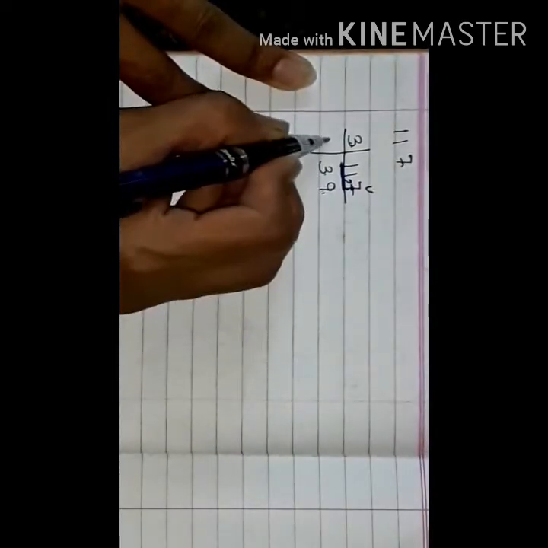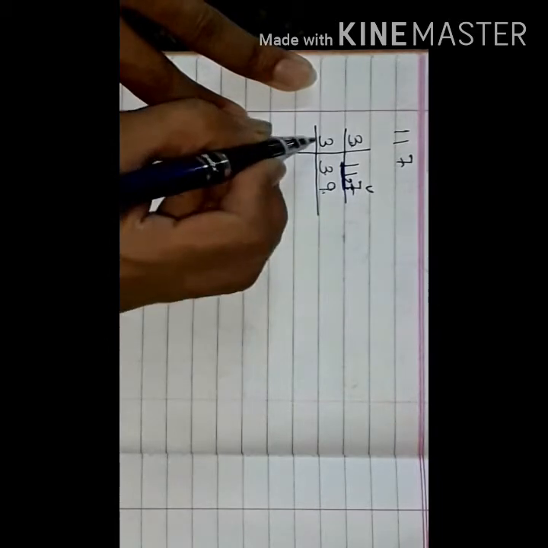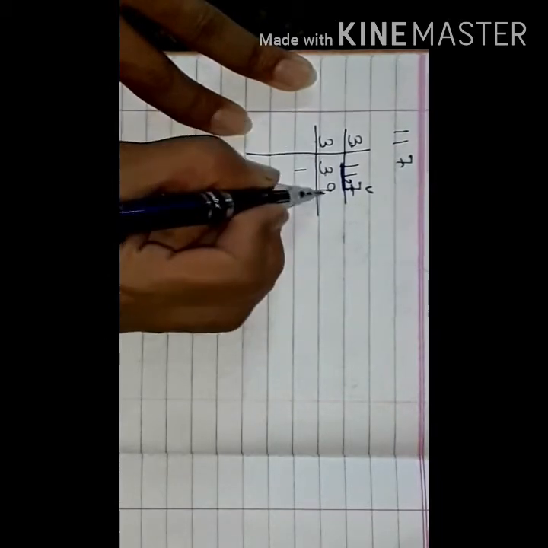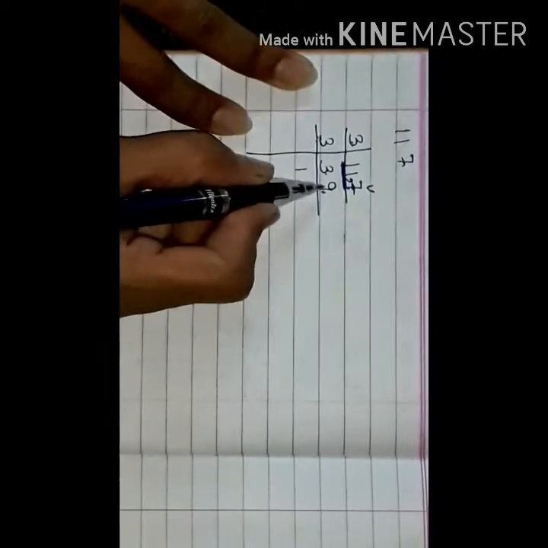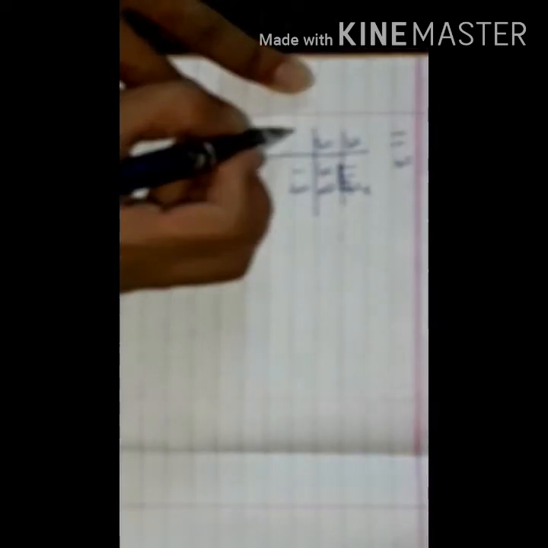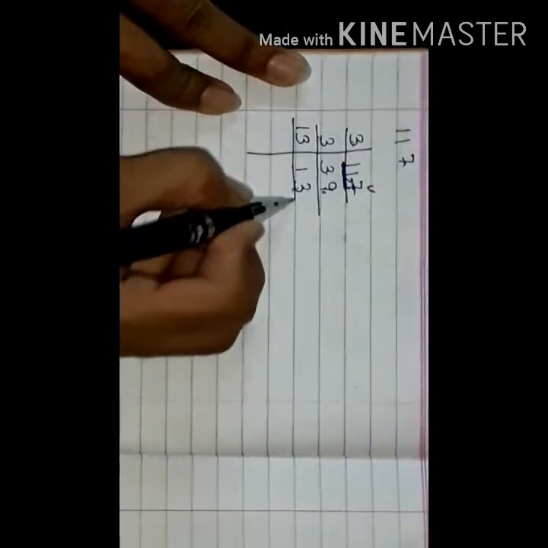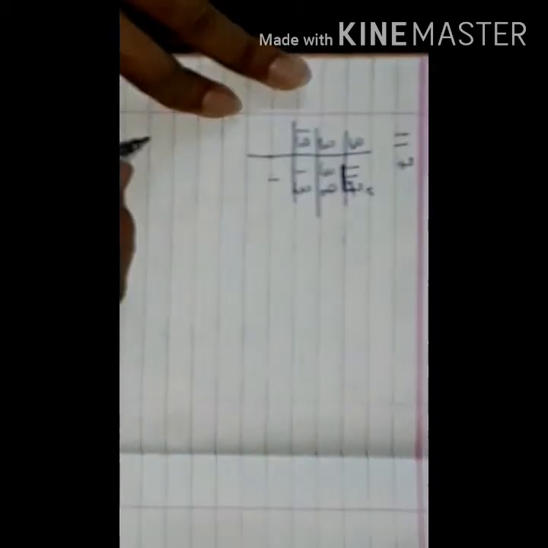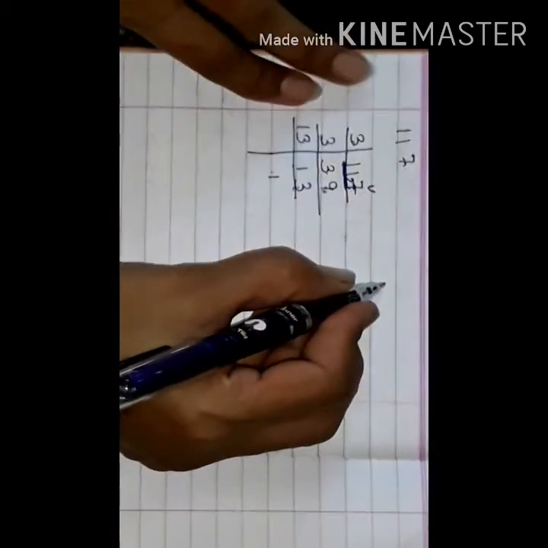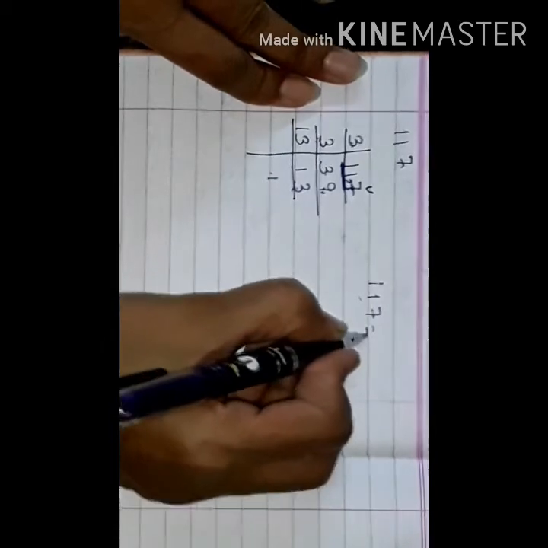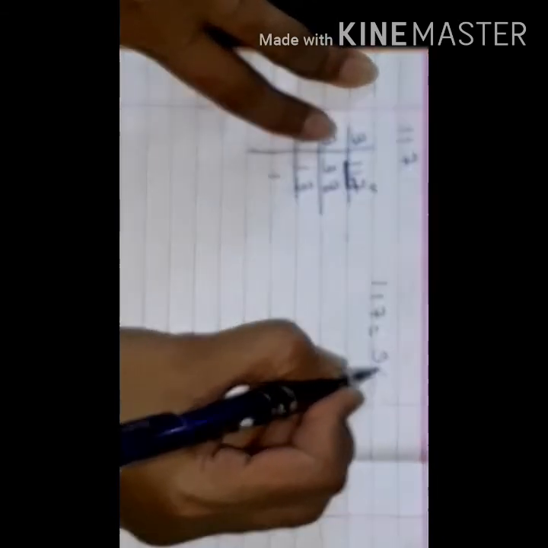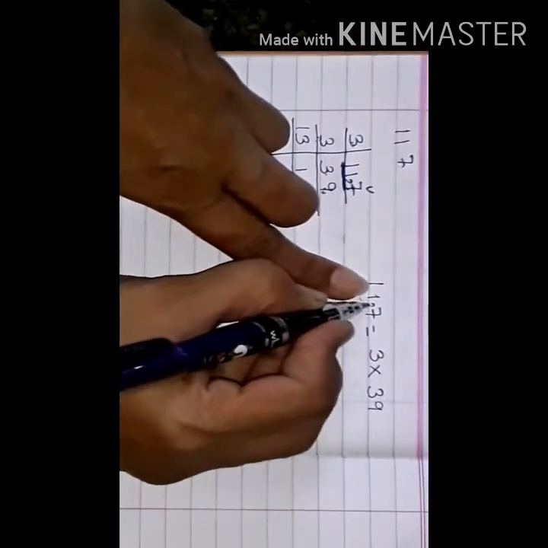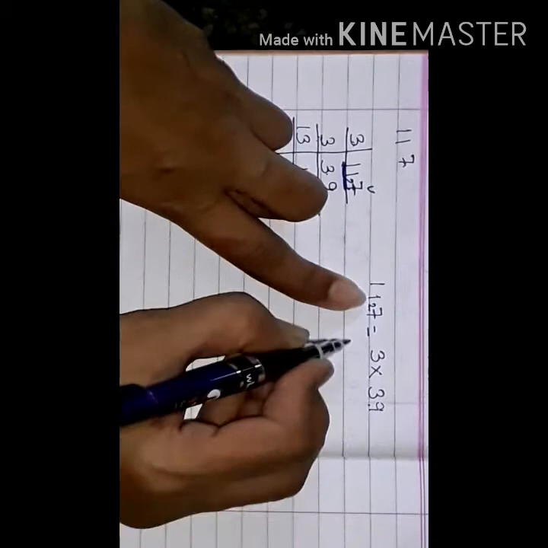Again we can take the table of 3. 3 1s are 3, 3 3s are 9. Now 13 is a prime number, so you can directly write 13 1s are 13. In the horizontal way, you can directly write it as 3 into 39, 3 3s are 9, carry this 2, 3 9s are 27.